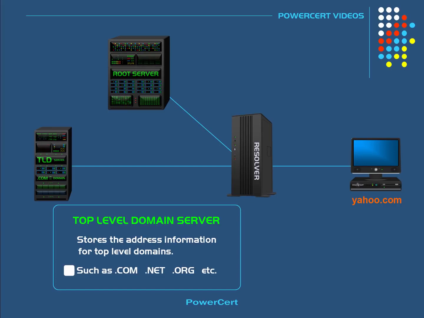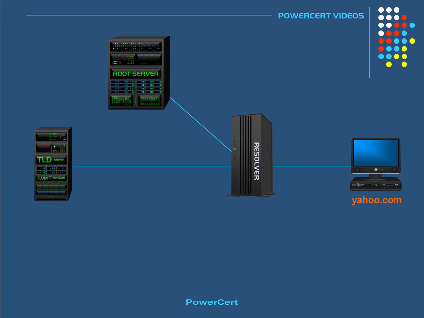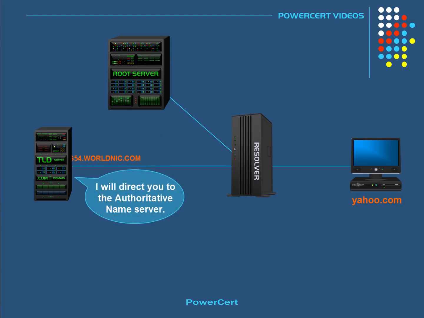This particular TLD server manages the .com domain, which yahoo.com is a part of. So when the TLD server receives the query for the IP address for yahoo.com, the TLD server is not going to know what the IP address is for yahoo.com. So the TLD will direct the resolver to the next and final level, which are the authoritative name servers.